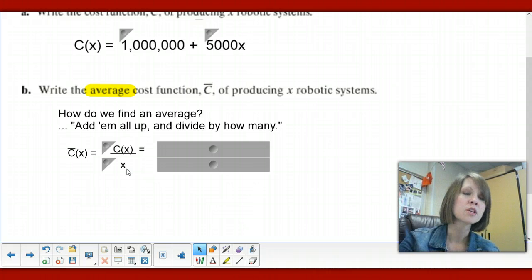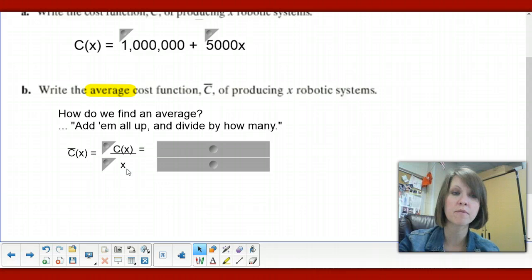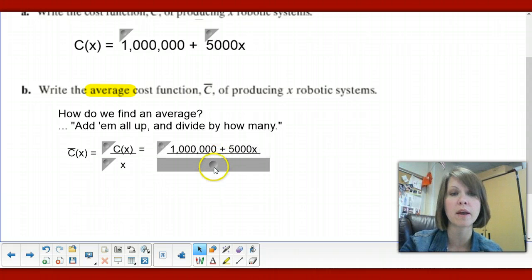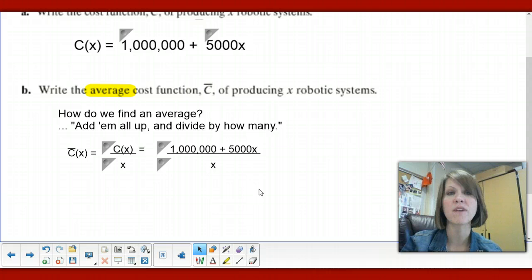So this is the basic idea of what's going on here, and we're going to write C of x in terms of the expression we had for it in part A, divided by x. So the average cost function is the rational expression 1 million plus 5,000x all over x.